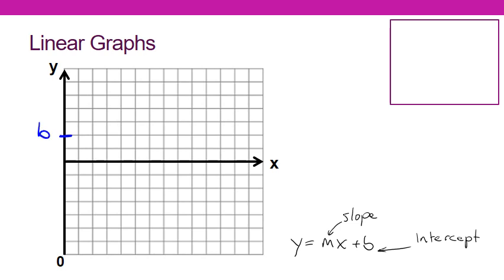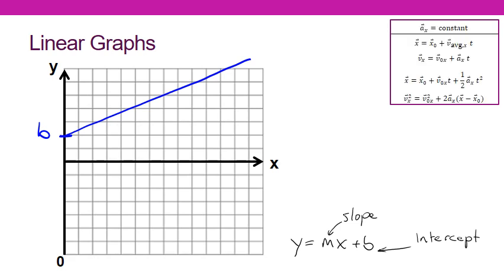And if m is positive, we'll have a straight line going upwards. If m were negative instead, then we would have a straight line going downwards. So this gives us m positive, and this one m negative. Of course, we could also have b be positive or negative.